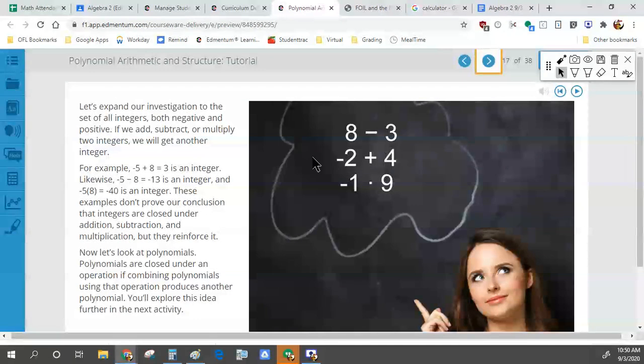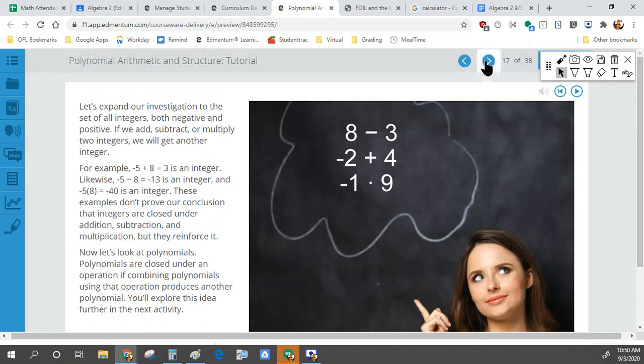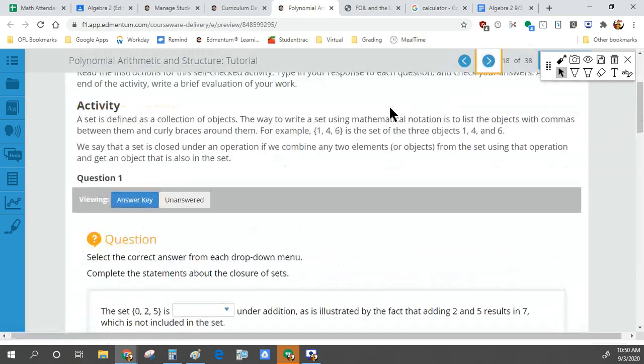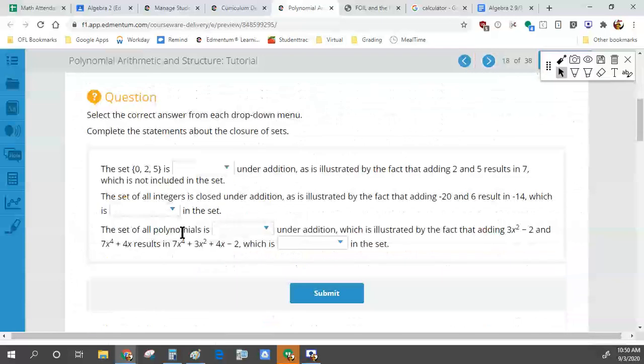If you multiply, add, or subtract integers, it's closed. You still get an integer. Polynomials are the same way. They're still closed under the same exact operations. So we're going to verify by closure. So here, this is a set of numbers: 0, 2, 5.